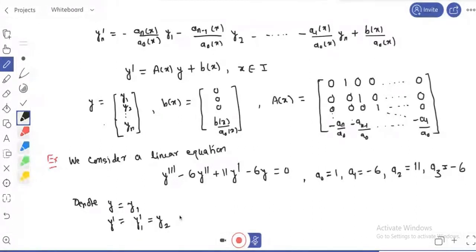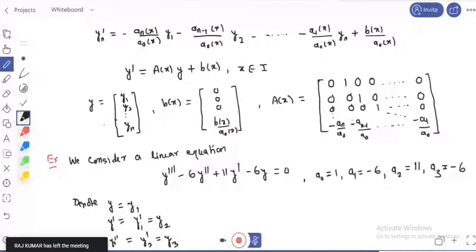Similarly, if we again differentiate, this is y double prime, which equals y2 prime, and we call this term y3.